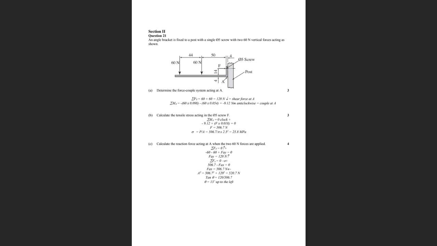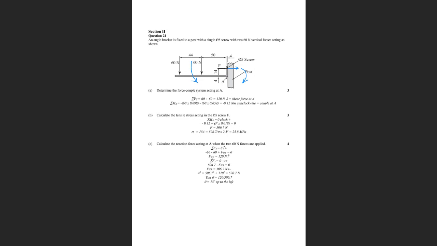Question 21 is you're given a bracket, and these 260 Newton forces will try to rotate the bracket anti-clockwise, but the force in the screw here will resist that by applying clockwise moment.